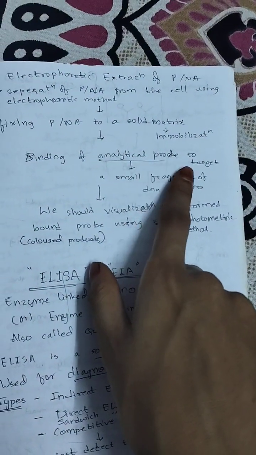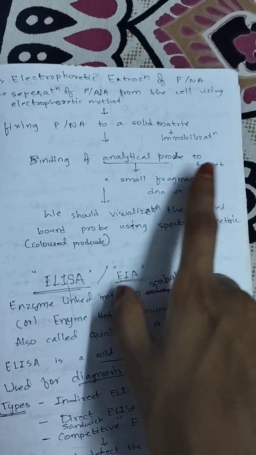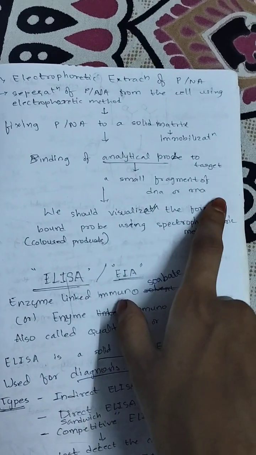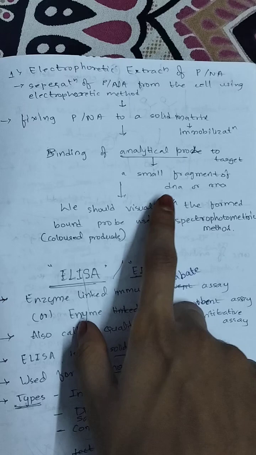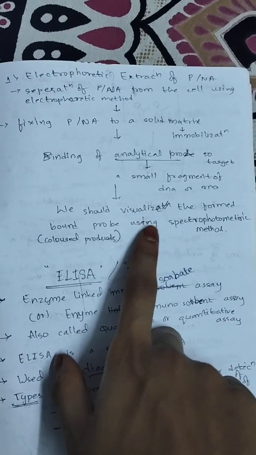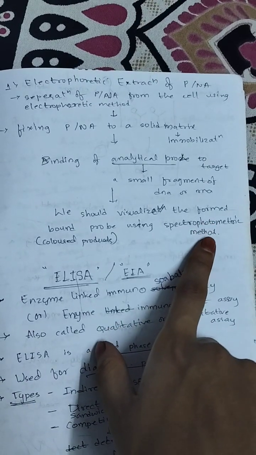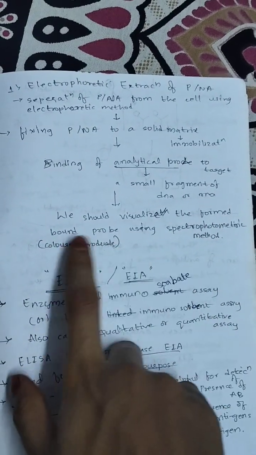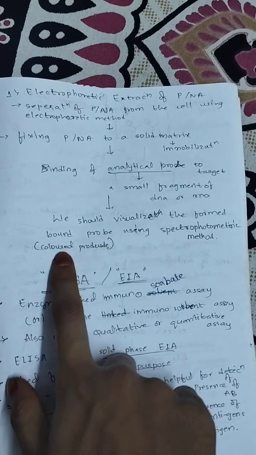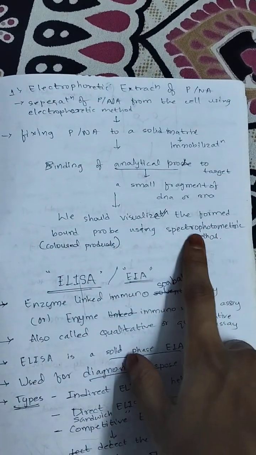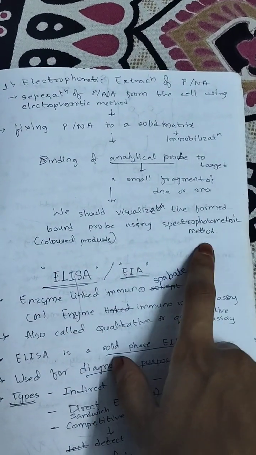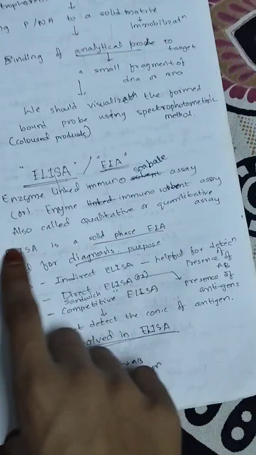The analytical probe is a small fragment of DNA or RNA. This bound probe is visualized using a spectrophotometric method. The bound probe is a colored product, so when we observe it with a spectrophotometric method, we can see it.